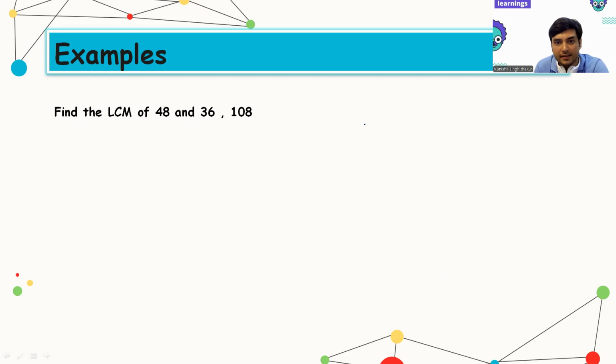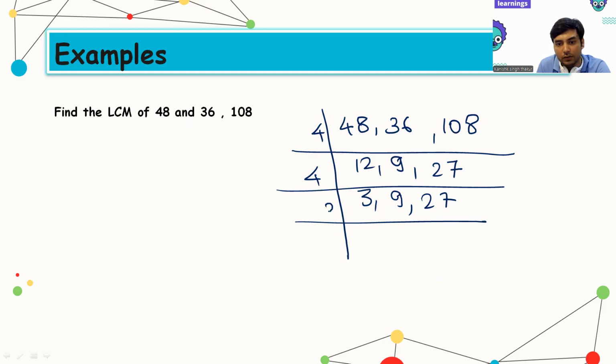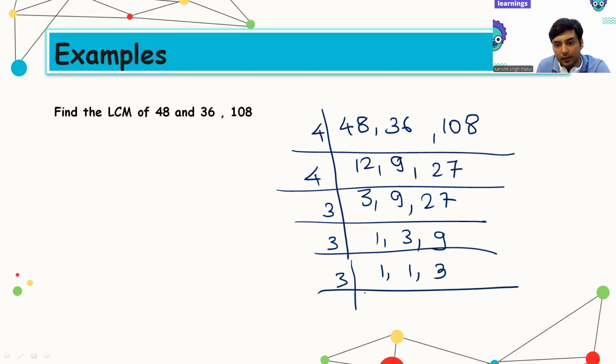One more last example I will take, 48, 36 and 108. Again, I'll make the column like this, 4, 12 times, 9 times, 27 times. Again, I'll go 4, 3 times, 9 times, 27 times. Now I'll go 3, 1 times, 3 times, 9 times. Now I'll go 3 again, 1 times, 1 times, 3 times, and 3 again, 1 times, 1 times, 1 times.